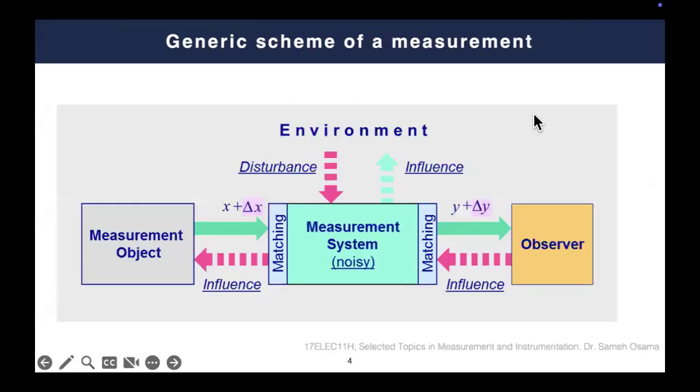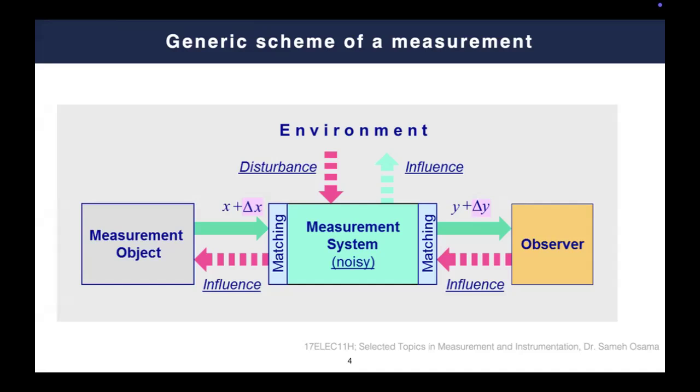Okay, this is a very simple block diagram that we are going to use a lot during this lecture, considering three main blocks with surroundings. The first is the measurement object. Again, it can be environmental, something like temperature. It can be gas, biomedical, light intensity, a percentage of a chemical component, whatever it is.